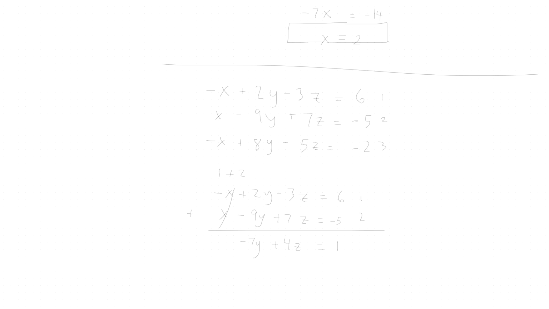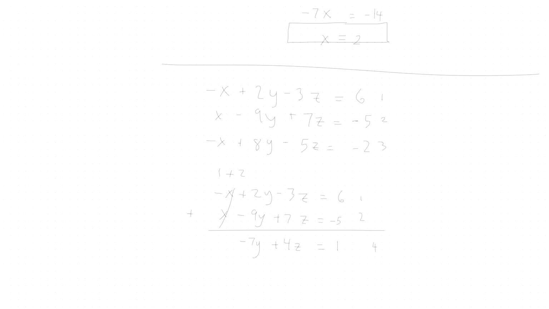So now what are we going to do? We added equation 1 and 2 to get equation 4. Now we're going to take equation 1 and 3, and are we going to add or subtract? Subtract. Exactly.